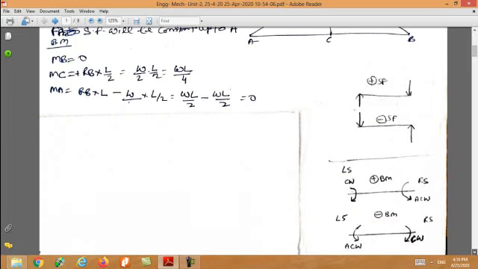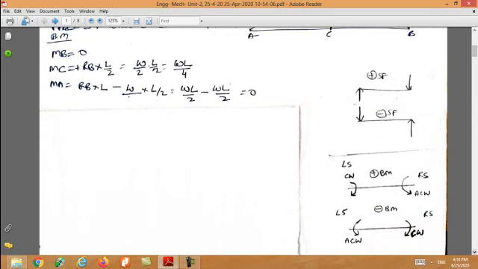In the same way, how can we define the sign convention for the bending moment? Suppose we are starting from the right side and it is anti-clockwise. As you know, bending moment is of two types, clockwise and anti-clockwise only. So if from the right side it is anti-clockwise, then it is positive.